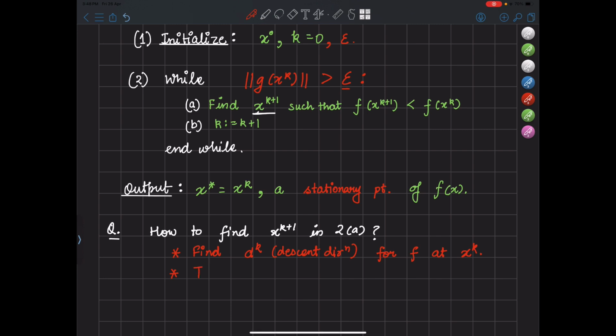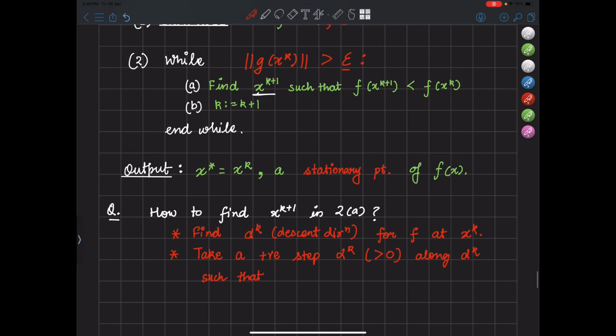So take a positive step alpha k, which should be greater than 0, along dk, such that f of xk plus 1 is less than f of xk. Correct? This is what we want.